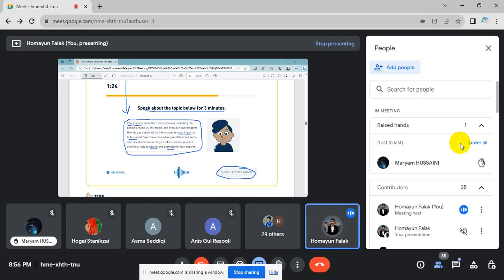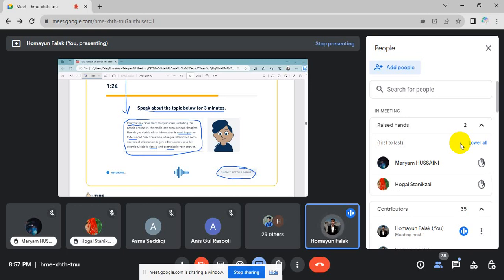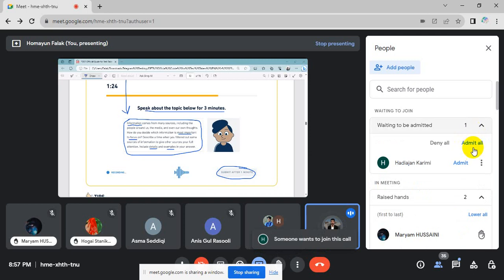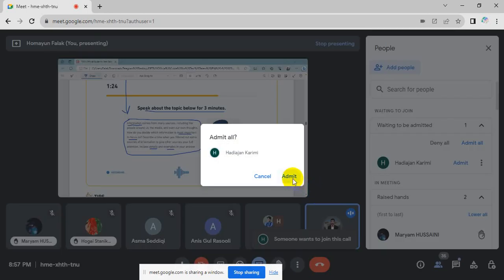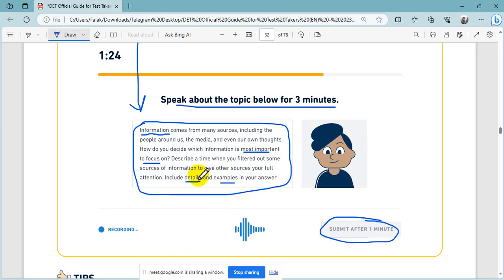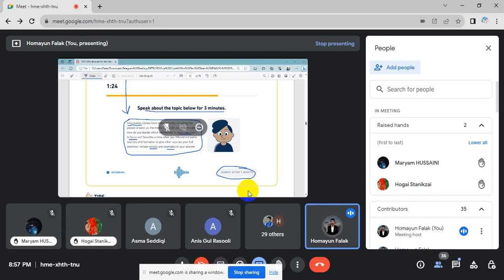For example, let me tell you the structure. Tell the introduction, okay? In the introduction, tell about the thesis statement and the purpose that you have. For example, how many reasons will you tell? For example, you say that there are many ways by which I decide whether an information is important to me or not, which I want to dig into here in my speaking.